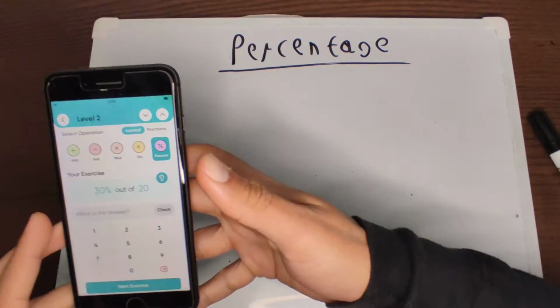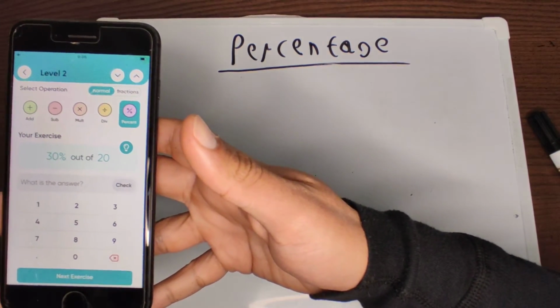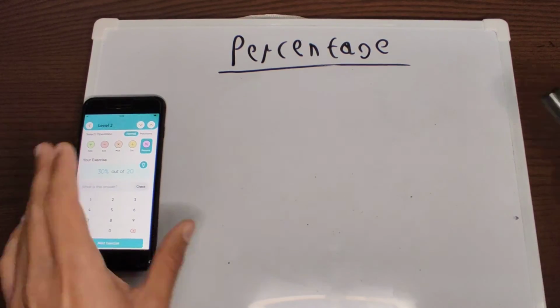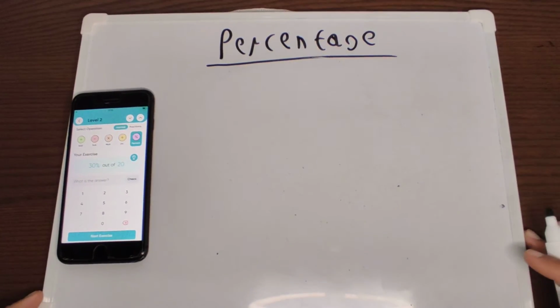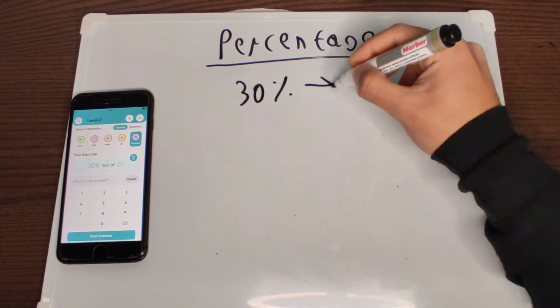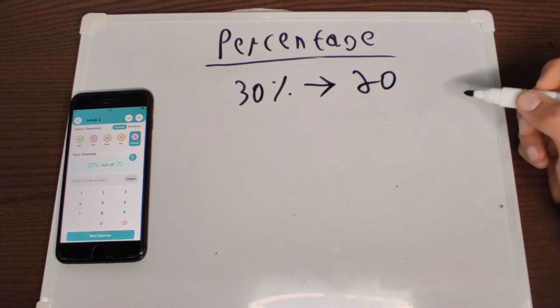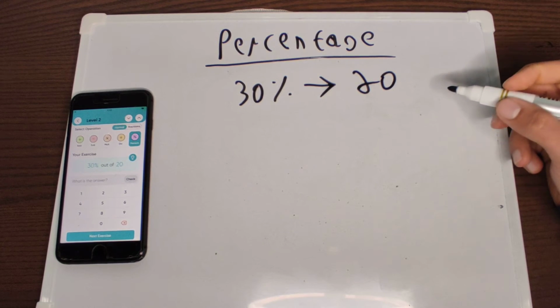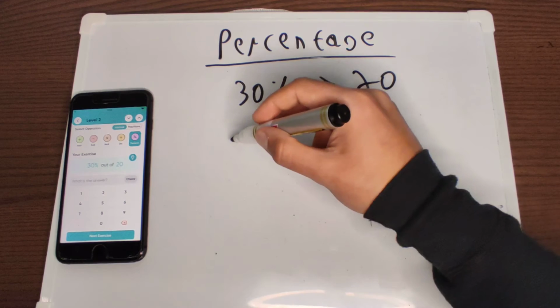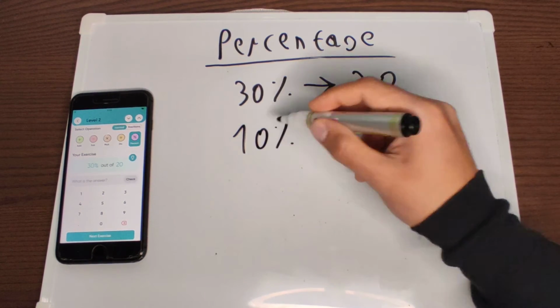So now let's take a look at the original exercise, which is right here. We have 30% out of 20. So let's see how to do it. Alright, 30% out of 20. So, as we've seen, 10% are always easy to calculate. So we will start with 10%.